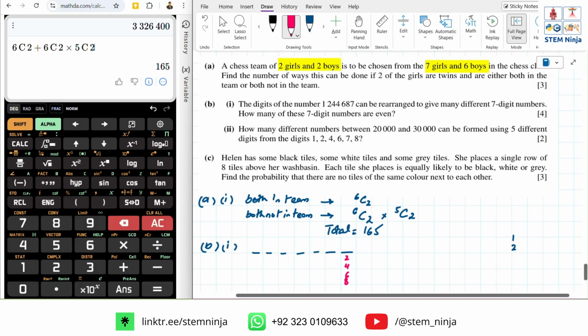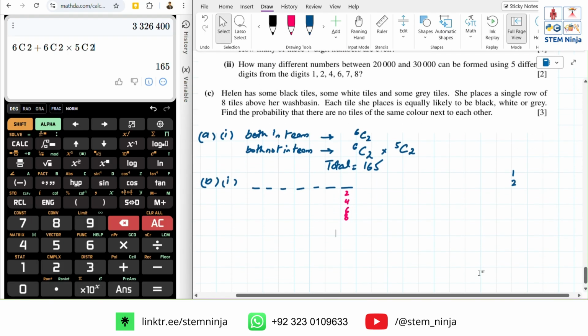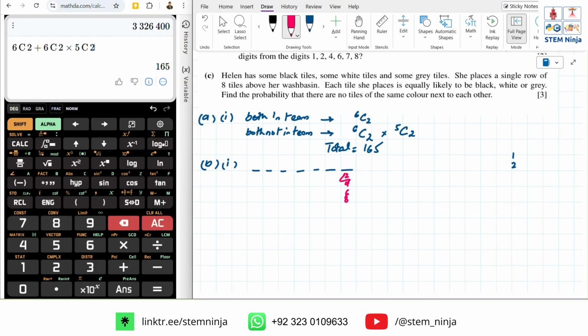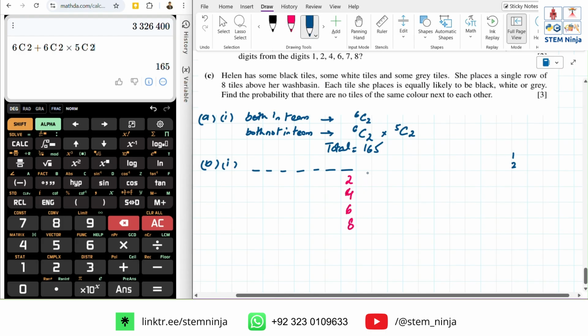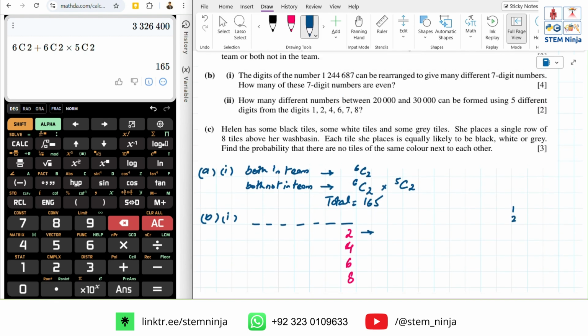So different possibilities. Let's say at the end you have a 2, then 4, then 6, then 8. If you have a 2 at the end, there's only one 2.